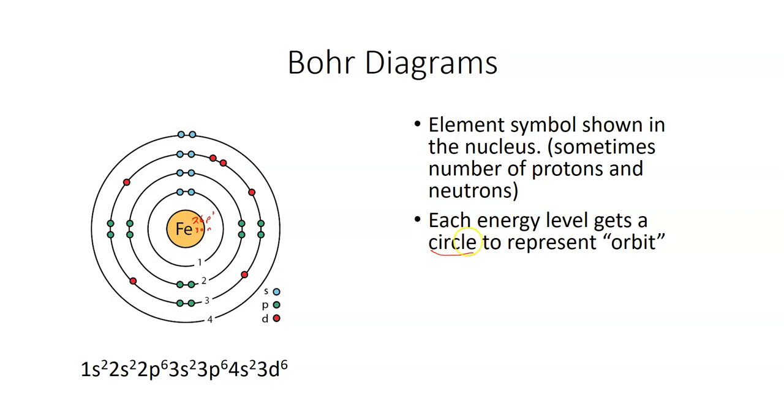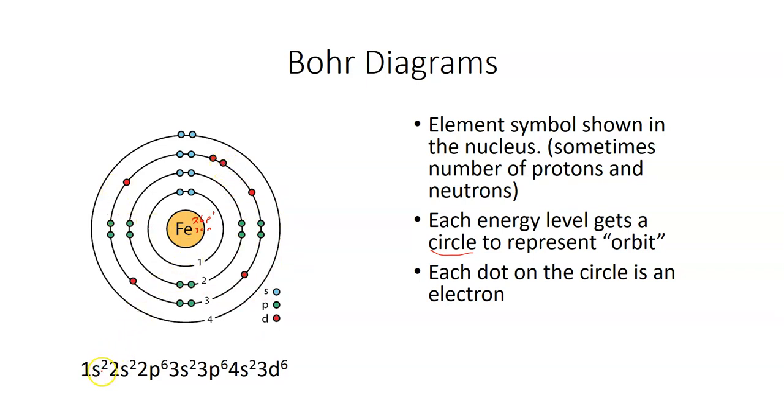It's just a helpful model for us. Now each of these little dots on the circle represents an electron. So all these electrons that we assign in our electron configuration, 1s2, 2s2, 2p6, 3s2, 3p6, 4s2, and 3d6, are in fact depicted on this Bohr model, right?